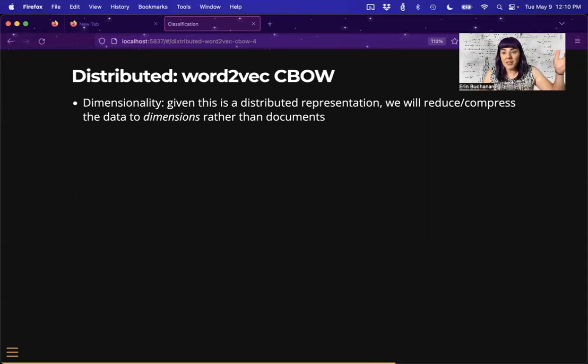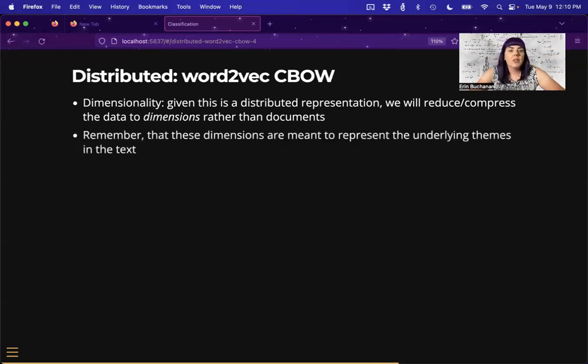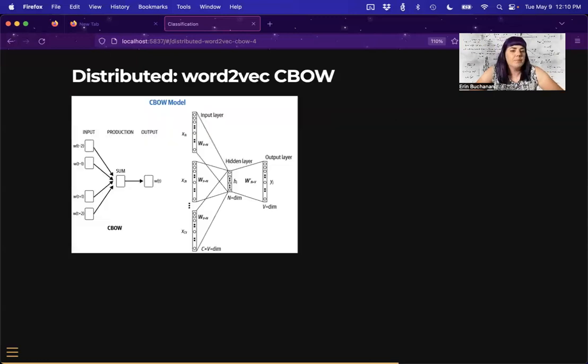But the cool thing is we can get documents by dimensions out of there, or words by dimensions. Dimensions are meant to represent these underlying themes. We're taking all these different contexts and putting them together into this group of things and that group of things. But they don't have labels or anything like that.